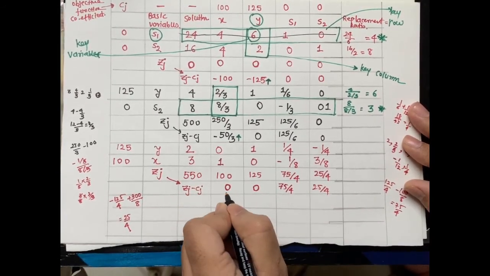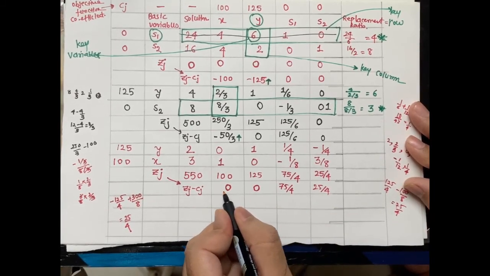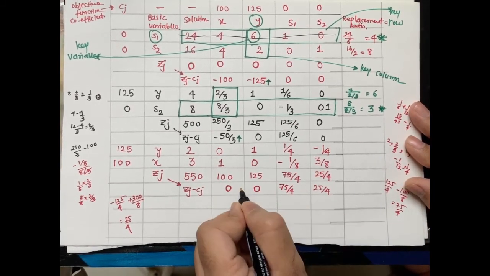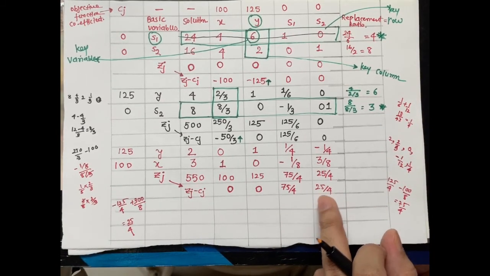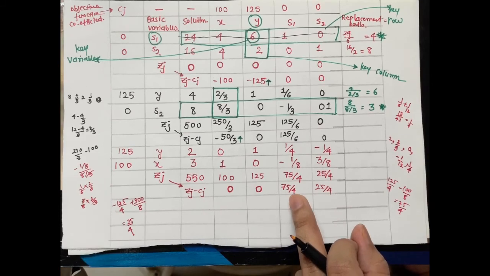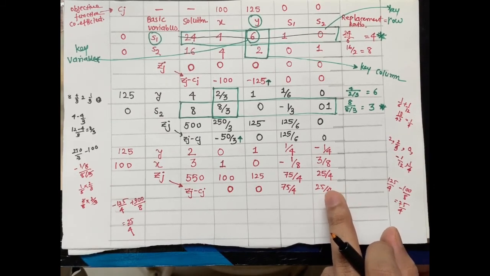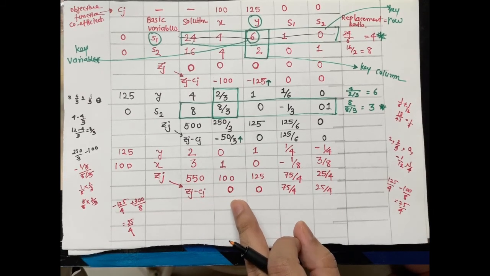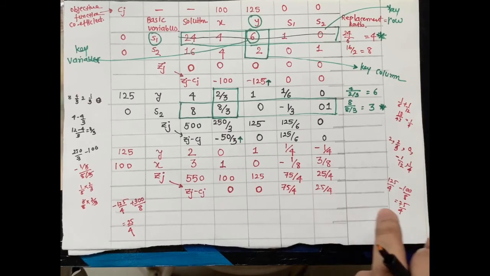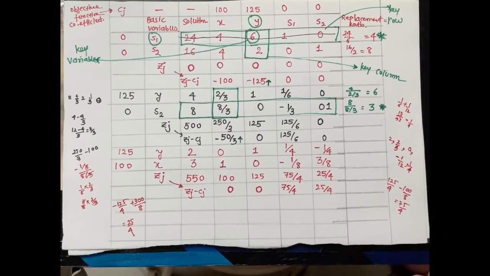So over here, all the Zj minus Cj values I am getting are positive. Though 25 by 4 is a relatively lower value than 75 by 4, all the cells of Zj minus Cj have positive values.